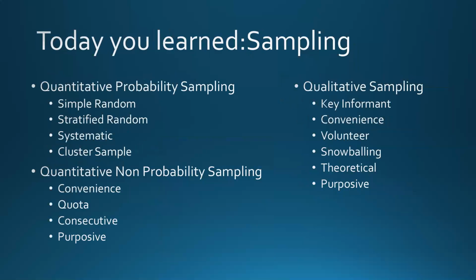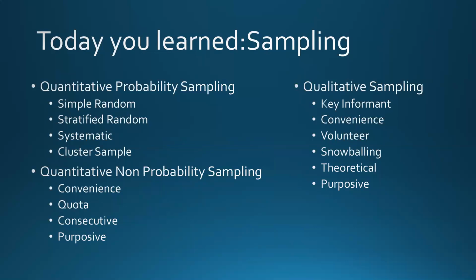So today you learned about sampling, and there were 3 forms: quantitative probability sampling, quantitative non-probability sampling, and qualitative sampling, and these different types within them. So there was simple, stratified, systematic, and cluster sampling, all of which are probability.